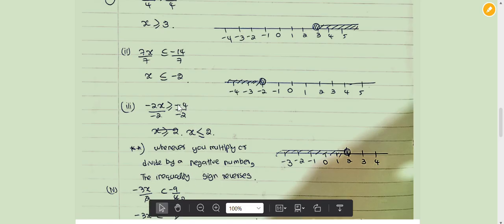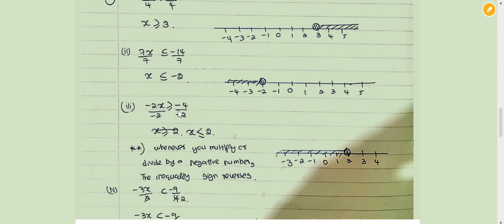So a negative number divided by a negative number, the solution sign must be positive, and 4 divided by 2 is equal to 2. So x is less than or equal to 2.